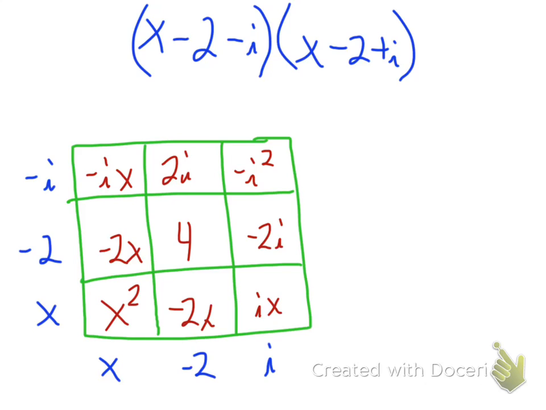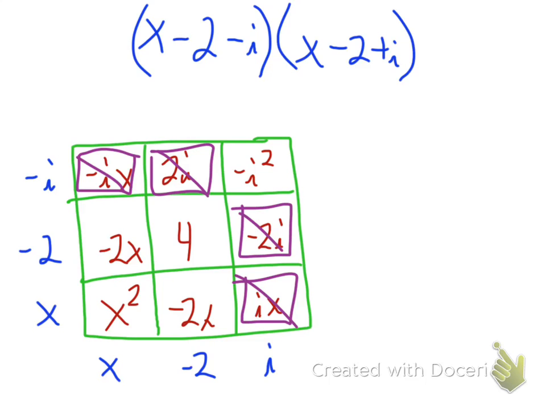Once we have this, we can start combining like terms. We're going to get several things that are going to cancel out. For instance, this one over here and this one here, my negative ix and ix, those cancel out. I also have a 2i here and a negative 2i. Those will cancel each other out.